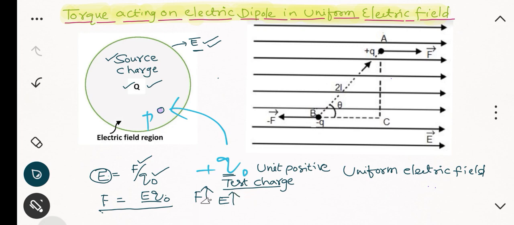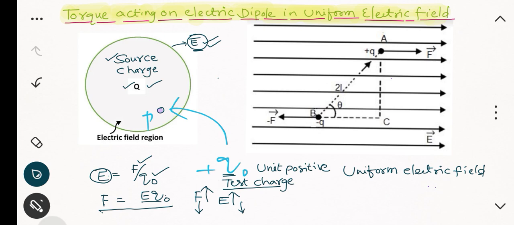If the force experienced by the test charge is lesser, then the intensity of electric field is also very low. That is, we can estimate the intensity of electric field by the force experienced by the test charge.